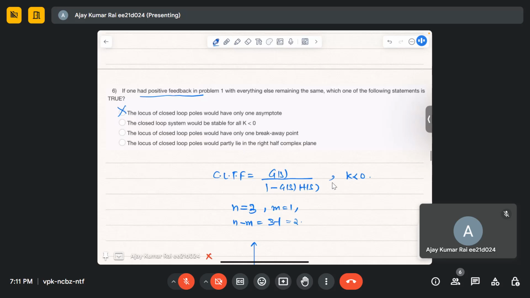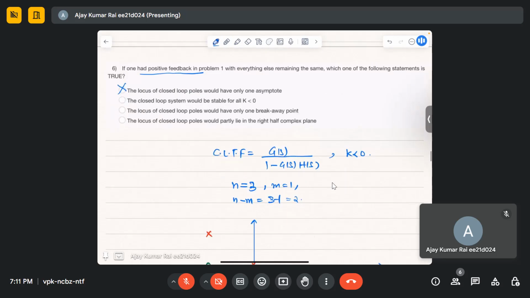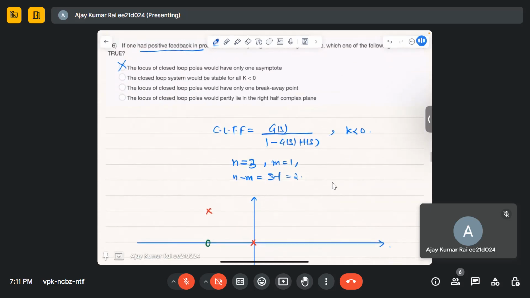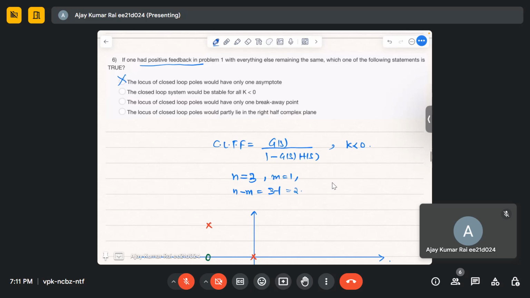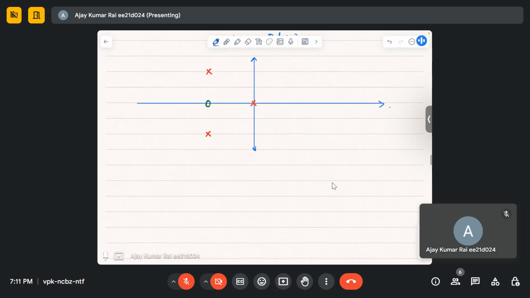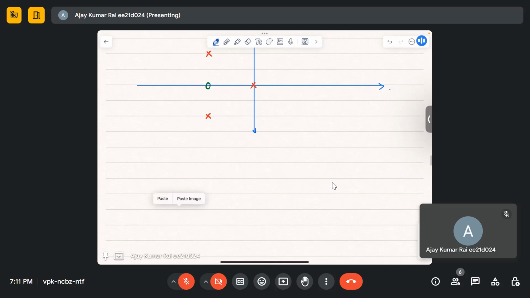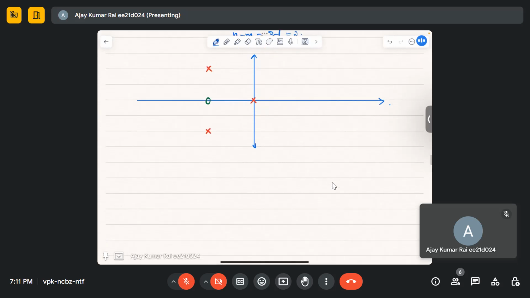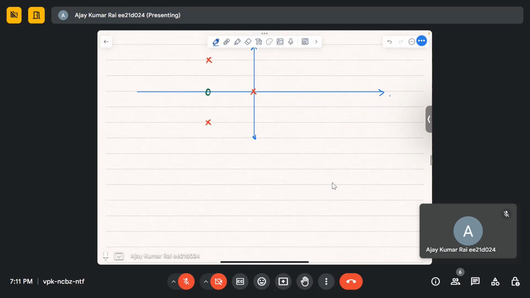Let me see the options: the closed loop poles will be stable for k less than 0; the locus of closed loop poles would have only one breakaway point; the locus of closed loop poles will partly lie in the RHP. Let me just approximately draw this. Step 2 is done. So step 3 was calculating the asymptote angles.